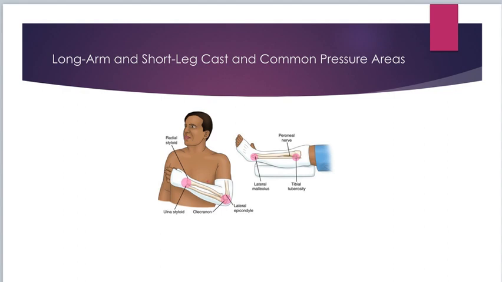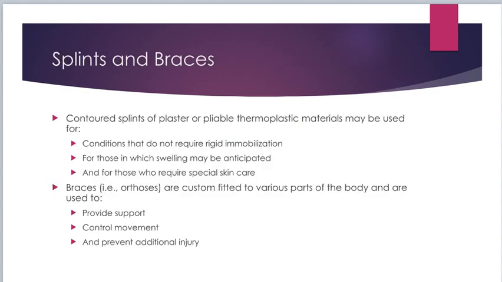If it's a leg cast, the toes. Then we've got our splints and braces. These are for conditions that don't require rigid immobilization, or if we expect a fair amount of swelling. And they can be custom fit to the individual's body part to protect against injury.